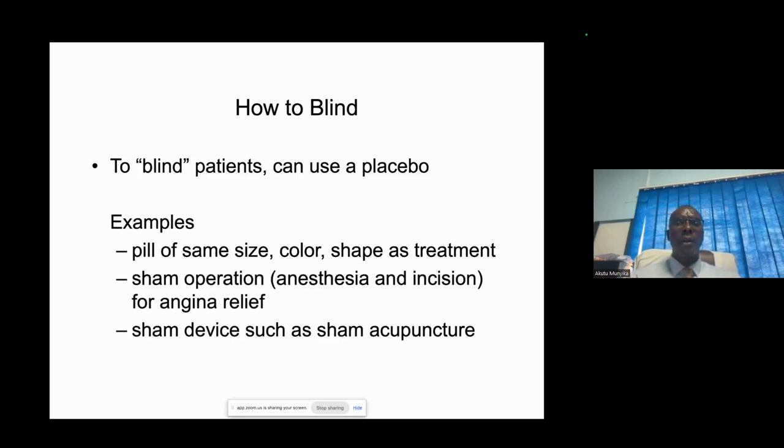For an example, the pill that is given for this treatment study can be of the same size, same color, same shape. So the patient can't tell, right? If you are looking at blinding the patient. If it's the same operation, okay, the anesthesia that's given, the incision that is given, it's the same.